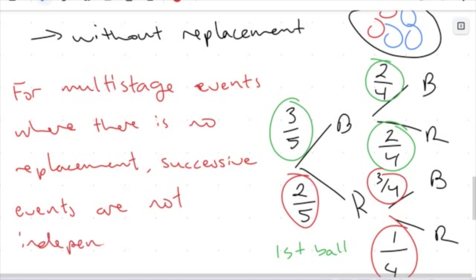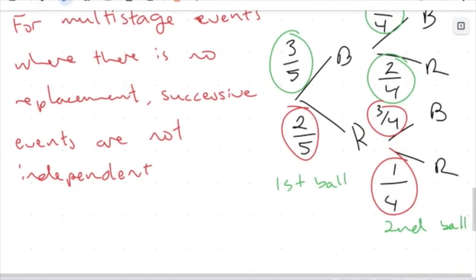Or in other words, they are dependent. One particular outcome affects the probabilities of the other. So this is how we can distinguish dependent and independent events.